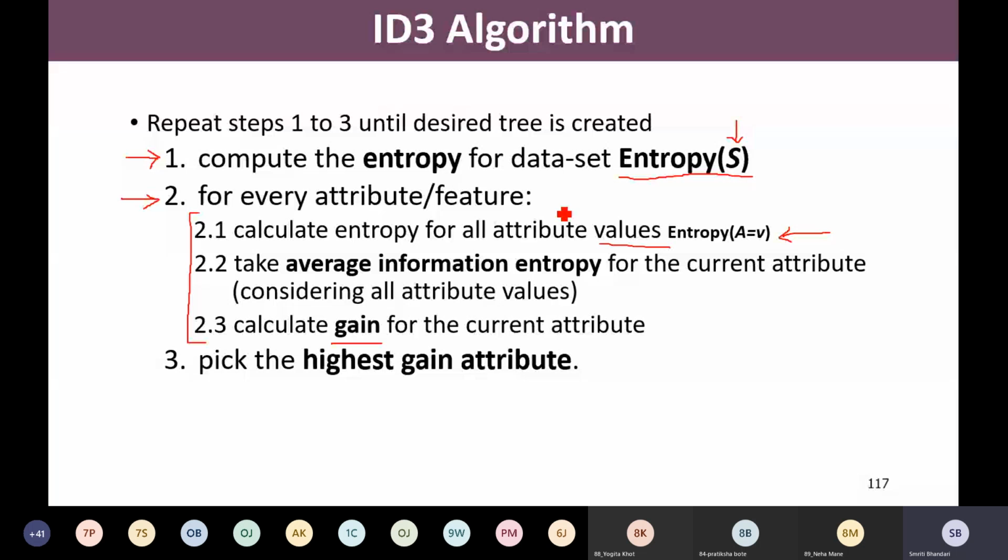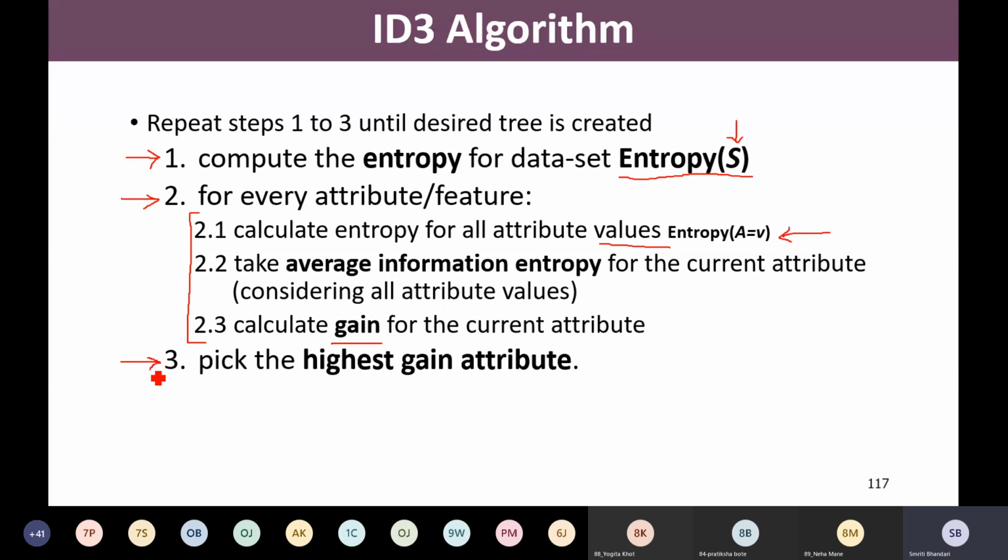Once we are done with all the attributes, after step 2 we will have the gain values for all the attributes in our data set.